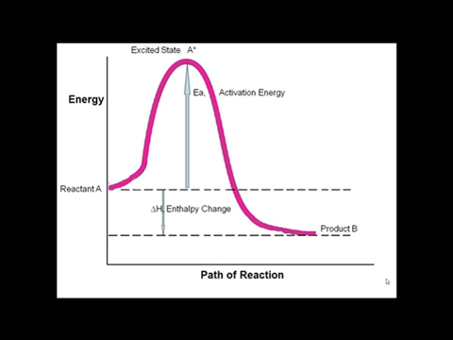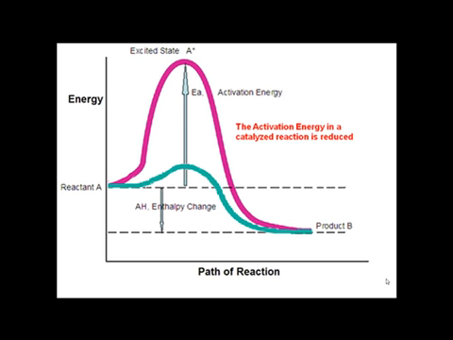In the presence of catalyst, the catalyst lowers the activation energy. The curve is changed from the red color to the teal blue color. The excited state A star is reached just after the reactant A absorbs the amount of energy shown in the red arrow.